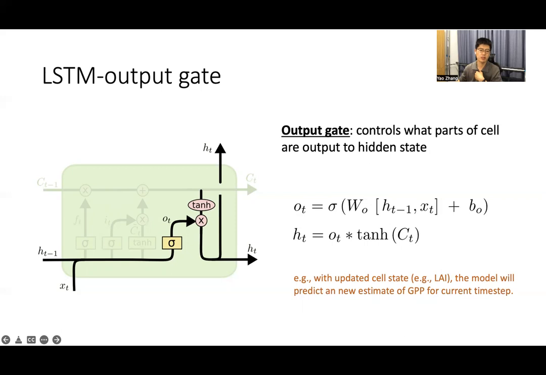The hidden state is a tanh function of the cell state times the output gate. This represents that with the updated cell states, for example, LAI, the model will predict a new estimate of GPP for the current time step.